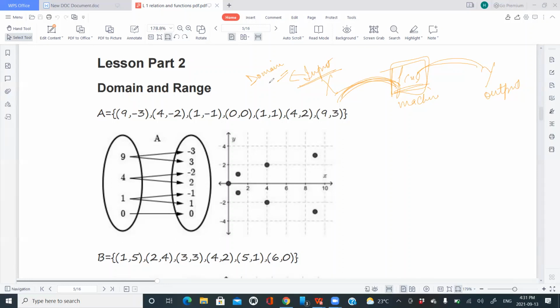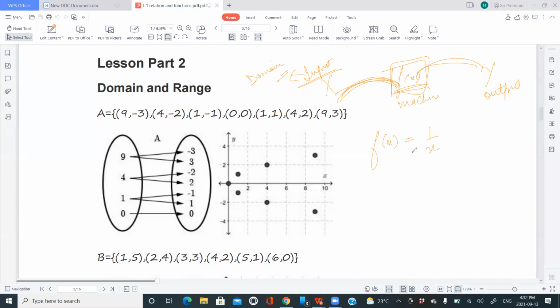Let me give you one example. Let's say I take f(x) as 1 upon x. What x values can you plug in? 1, 2, 3, 4, 5, 6, 7, 8, -1, -2, -3, -1000, 100, 10 million, any number you can put. These are all inputs as well as domain, right?